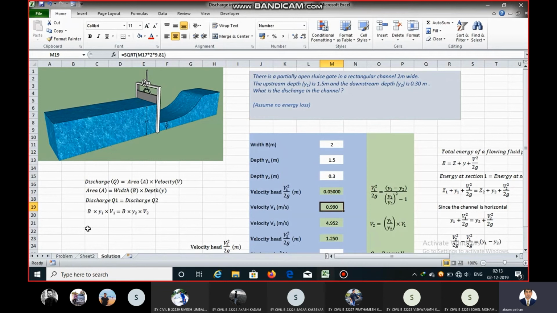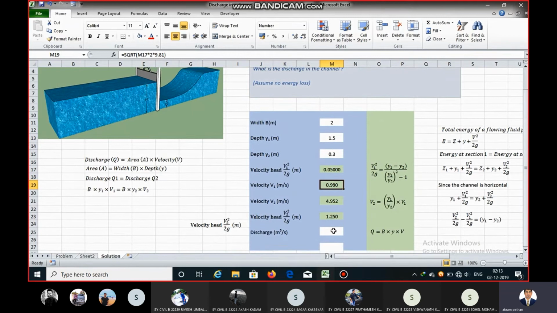Because we have developed one simple program with the help of Excel. If you develop such a program, you can calculate the actual discharge automatically. How can you calculate actual discharge? Width into y1 into velocity, and you will get the actual discharge automatically.